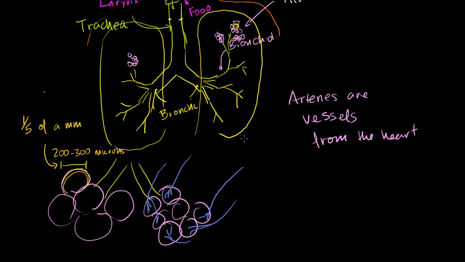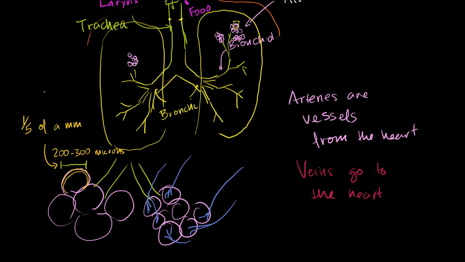And the vessels that go to the heart are called veins. Veins go to the heart. This is really important to keep in mind, because later on you're going to see that arteries don't always carry deoxygenated blood, and veins aren't always one way or the other. We're going to go into a lot more detail when we cover the heart and the circulatory system. But just remember, arteries go away, veins go to the heart.